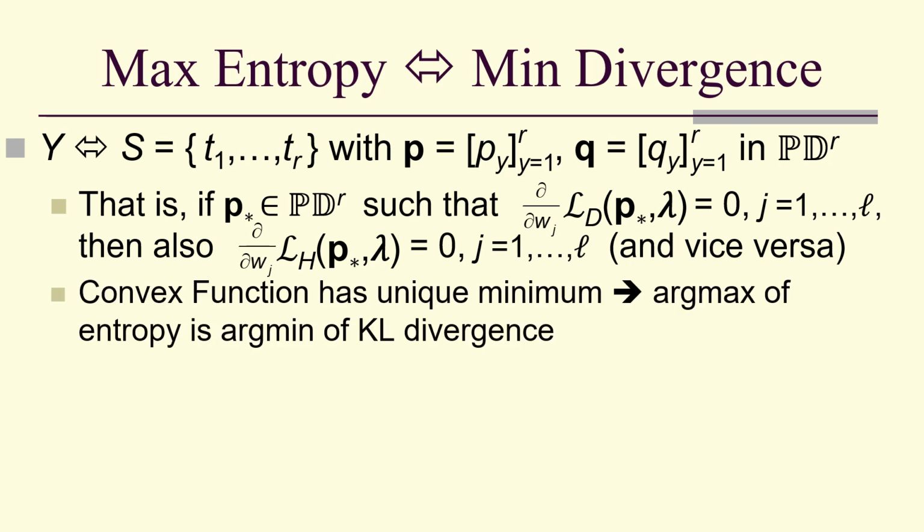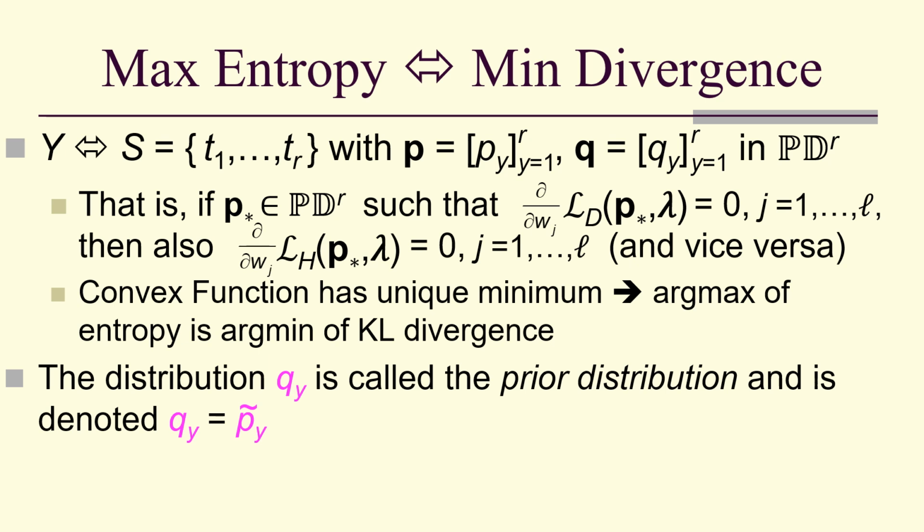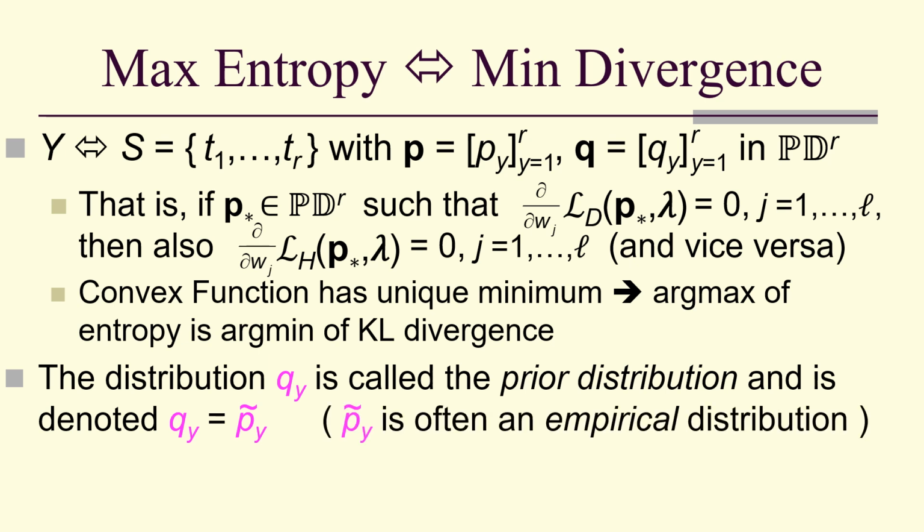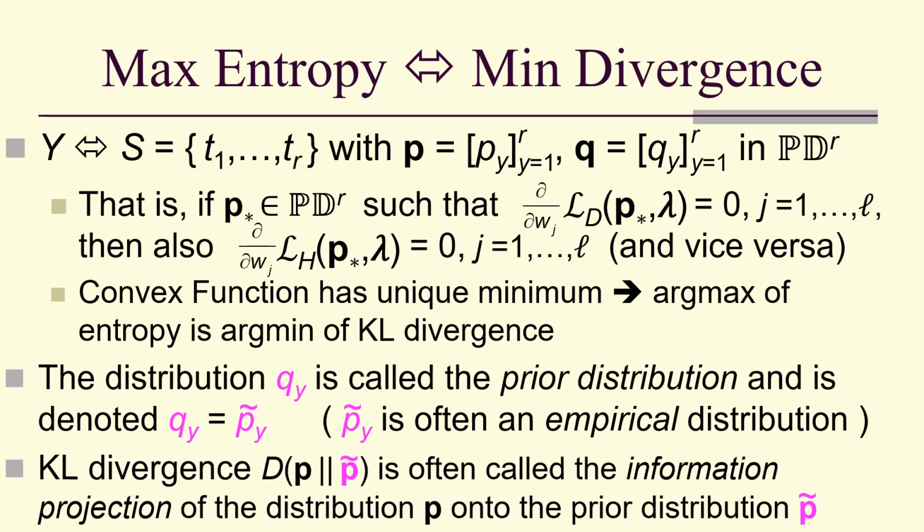Now, convex functions have unique minima, so therefore the argmax of entropy is the argmin of the KL divergence. And we tend to call this q sub y a prior distribution, and we tend to denote it using p tilde of y instead of just q. Why? Because p tilde of y is often an empirical distribution.